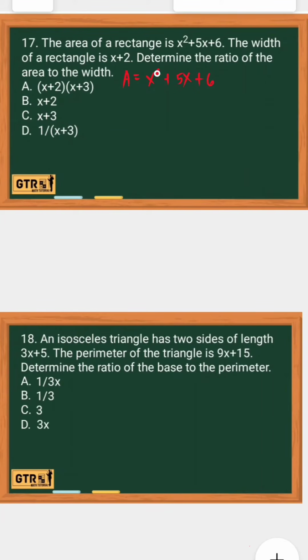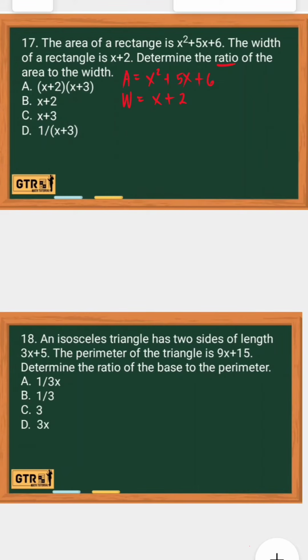And given the width of the rectangle is equal to x plus 2. Okay, so determine the ratio. The ratio of the area to the width. Okay, so kunin lang natin ang ratio ng area to the width. So we just going to divide the area to the width.